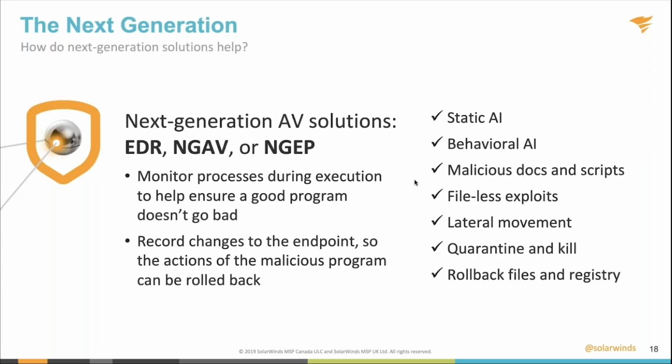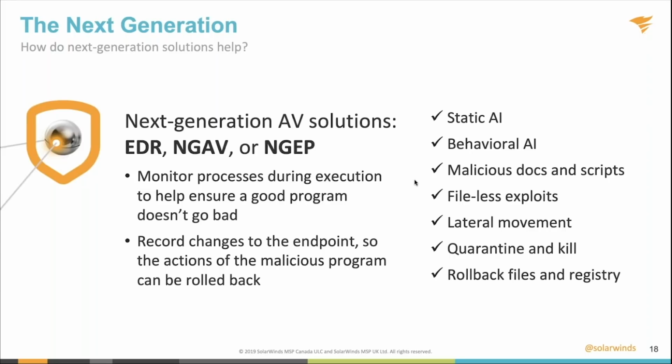One of the big things about next generation AV solutions, and the SolarWinds EDR package does this as well, is that they protect against lateral movement. That's where you can isolate a machine where a threat has been detected from being able to access the rest of the network and then go in and remediate that. And then, of course, quarantine and kill, we spoke about before, is still very important to the execution of an AV solution.